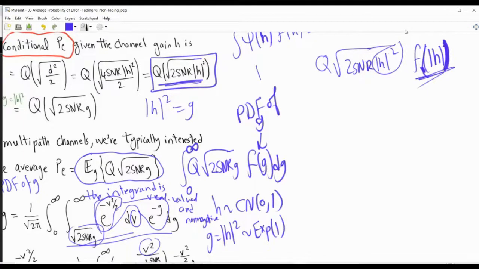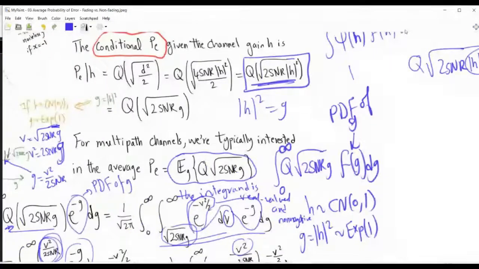But here we are sort of lucky: under the square root in the Q function, it is magnitude h squared. What is magnitude h squared? Exponential. So the easiest thing is to think about your random variable as magnitude h squared, because it's the most convenient way.